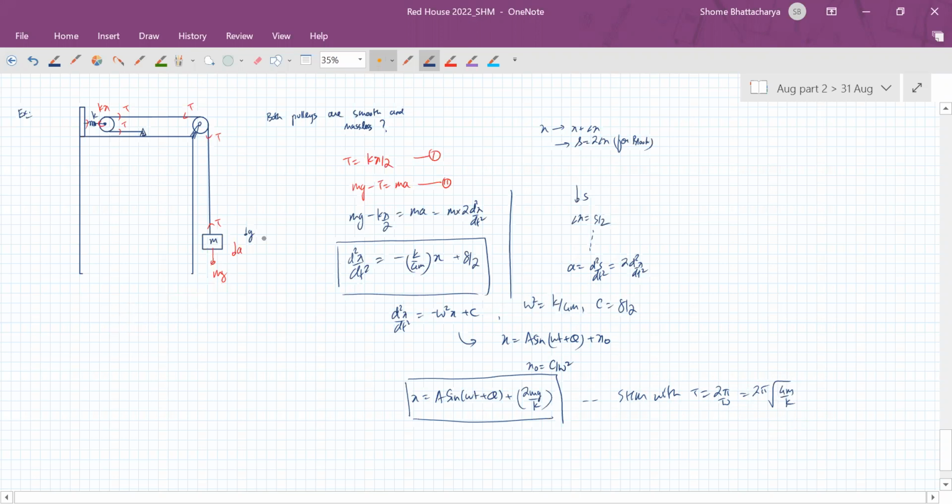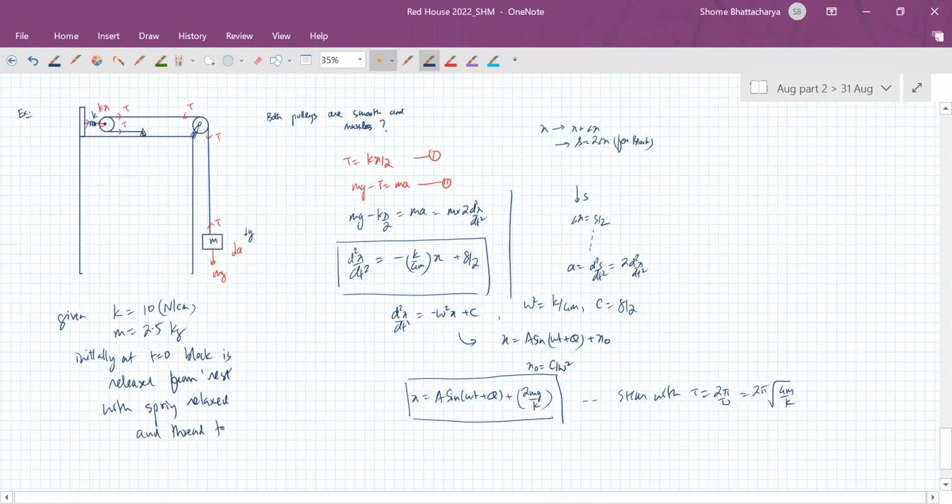Now suppose given additionally that the spring constant is 10 newtons per centimeter, and mass of the block is 2.5 kg, and also given that initially at t equal to 0 the block is released from rest with the spring relaxed at natural length and the thread taut.